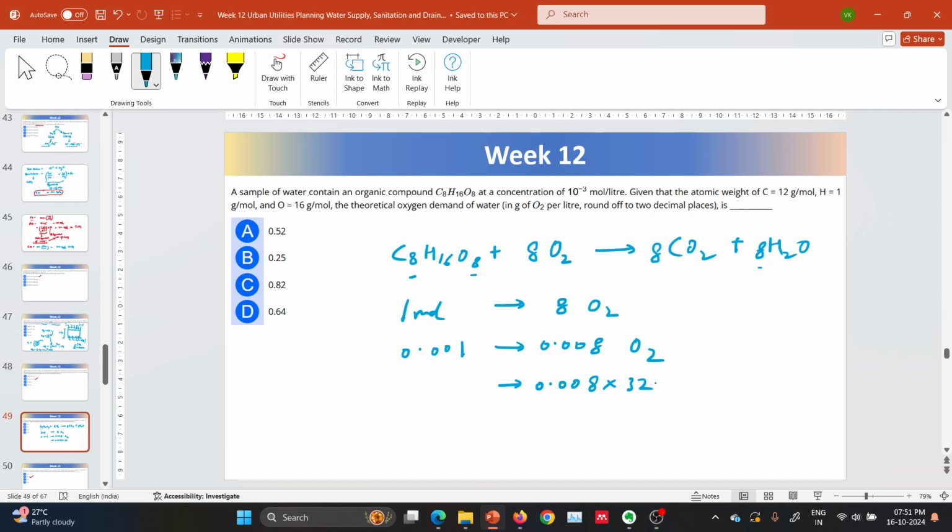So this much amount of oxygen is required. Let me calculate. We will get around 0.256 grams of oxygen. This is the answer.